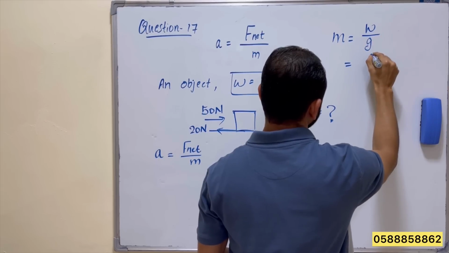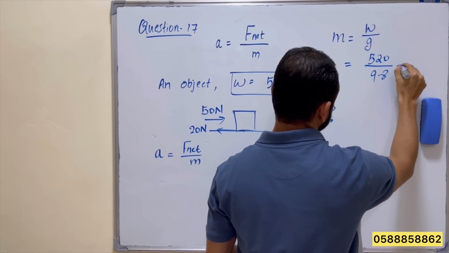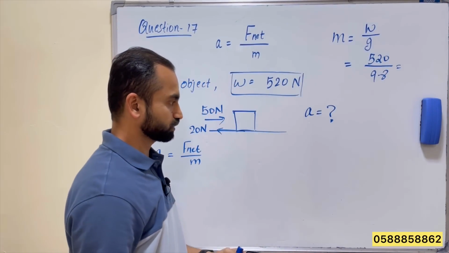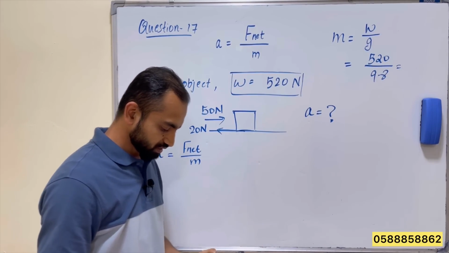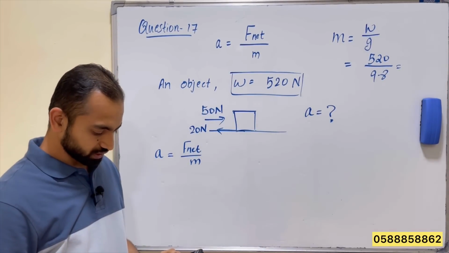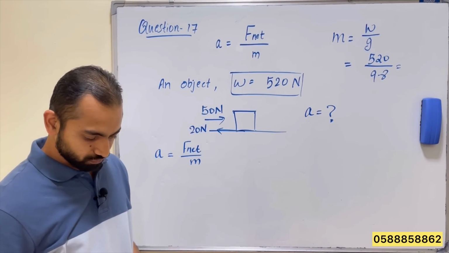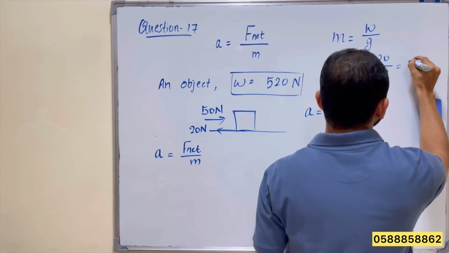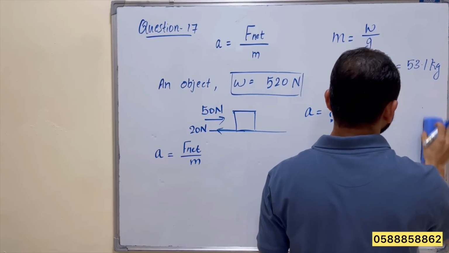The weight is 520 divided by the value of g, which is 9.8. 520 divided by 9.8 equals 53.1. So 53.1 kilogram is the mass of the object.